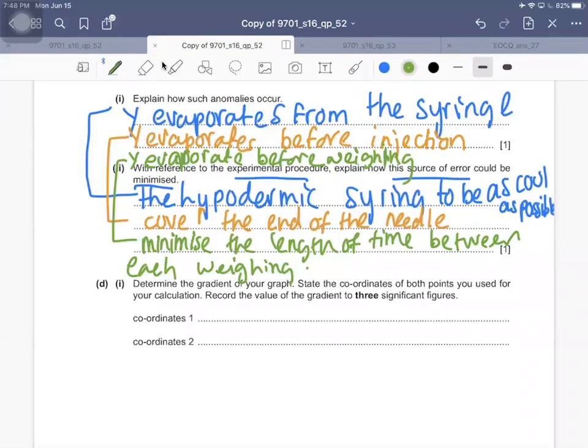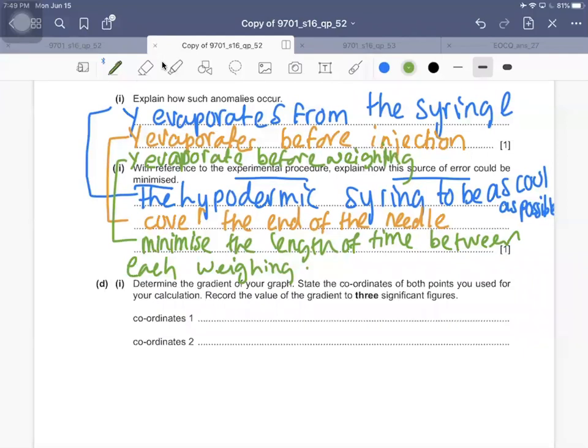You want to take it off the setup, weigh, and then quickly return it back. The longer you take, if you put the syringe on the table and you queue some more, then obviously a lot of evaporation would have occurred and you will lose a lot of mass of Y.